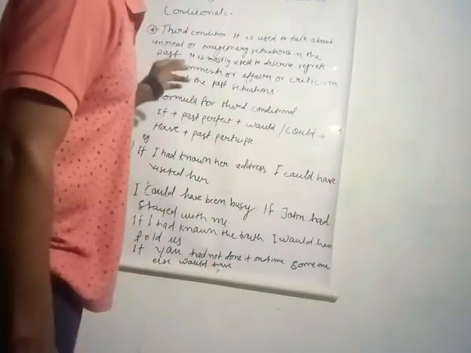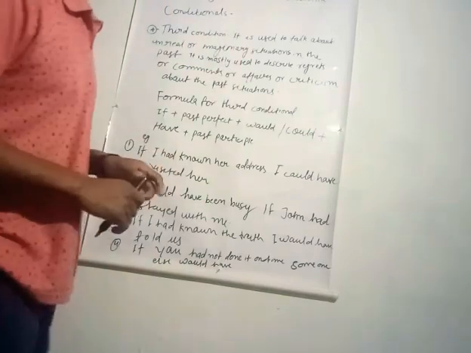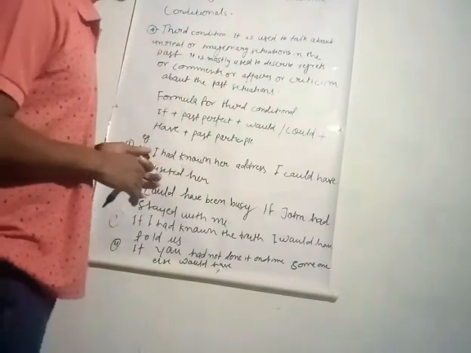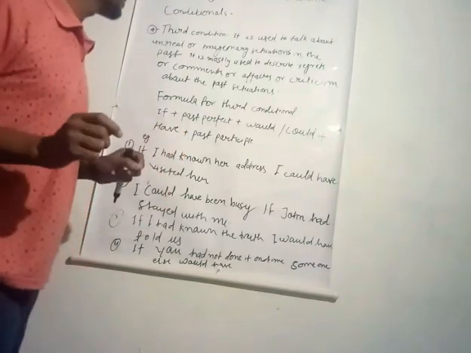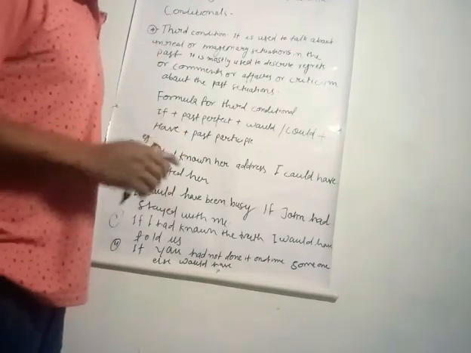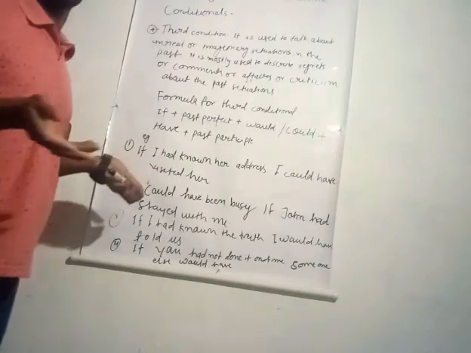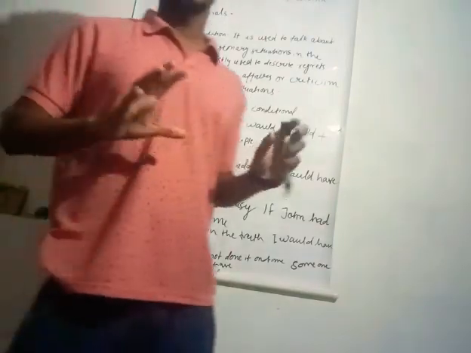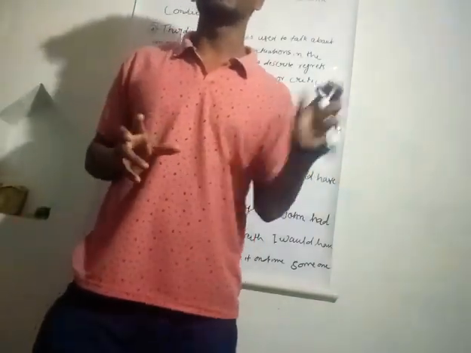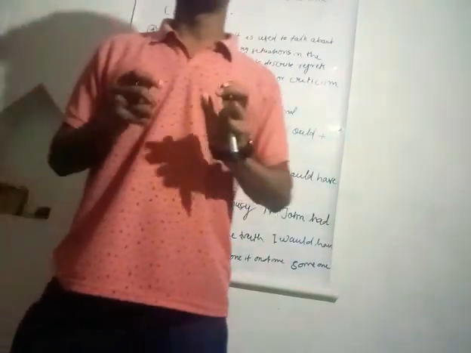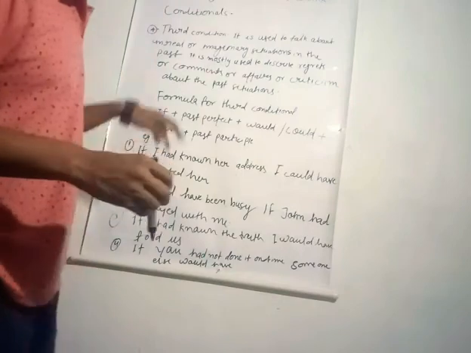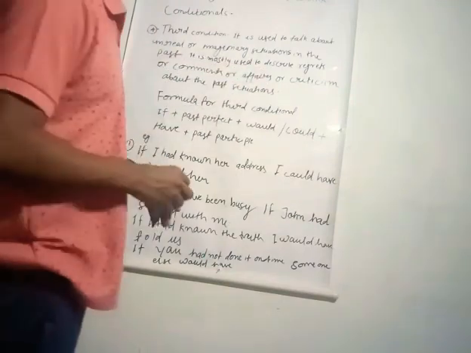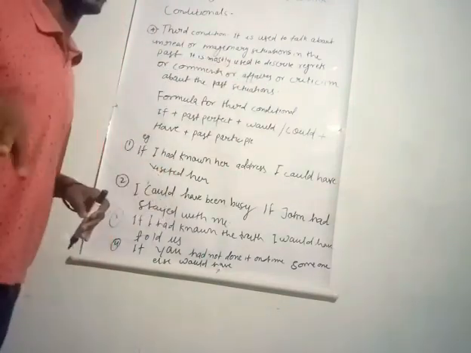But the third conditional is used to talk about an unreal or imaginary situation in the past. In this type of sentence, we generally talk about our regrets and comments or criticism about the past situation.